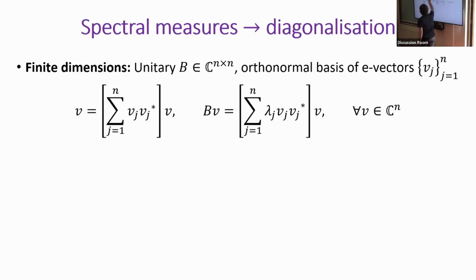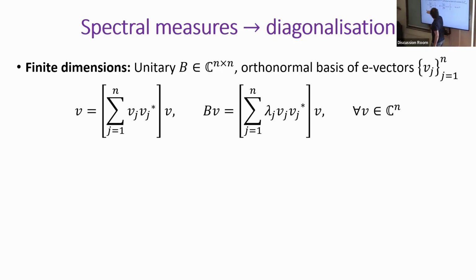So if you take a finite unitary matrix B, it has an orthonormal basis of eigenvectors v_j. So you can write the diagonalization in terms of projections, which is how I like to think about it. Each v_j v_j star is an orthogonal projection onto the span of v_j, and the sum here is just the identity matrix or operator.